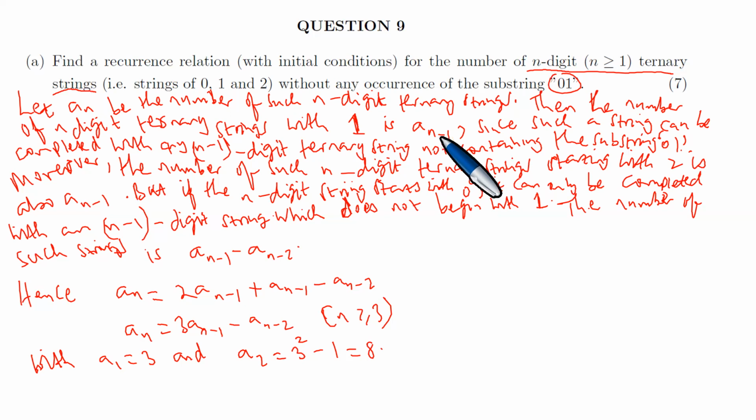Why is it a(n-1)? Since such a string can be completed with any n minus 1 digit ternary string not containing the substring 0, 1. Yes, because we're not supposed to have the 0, 1. Right, next.